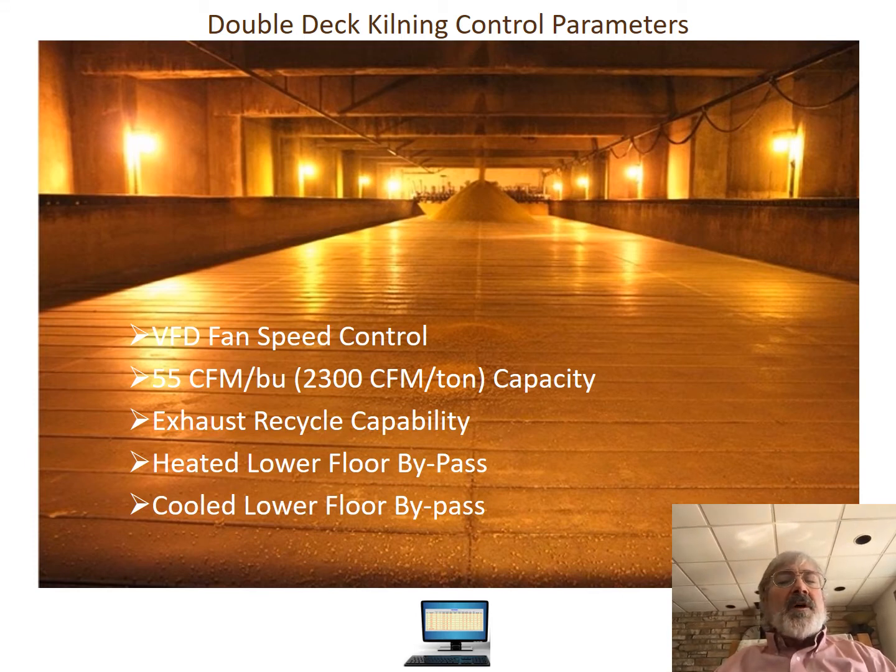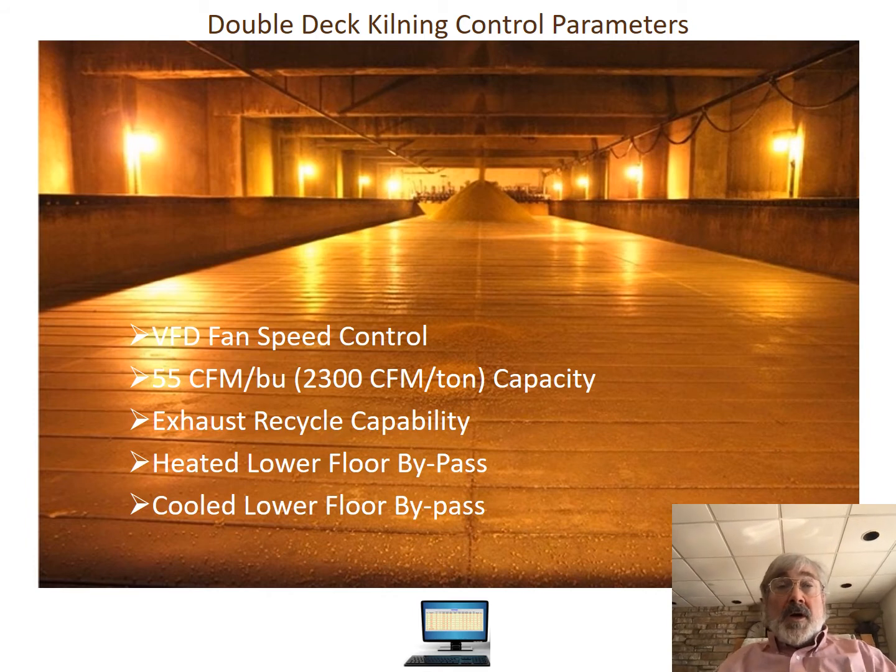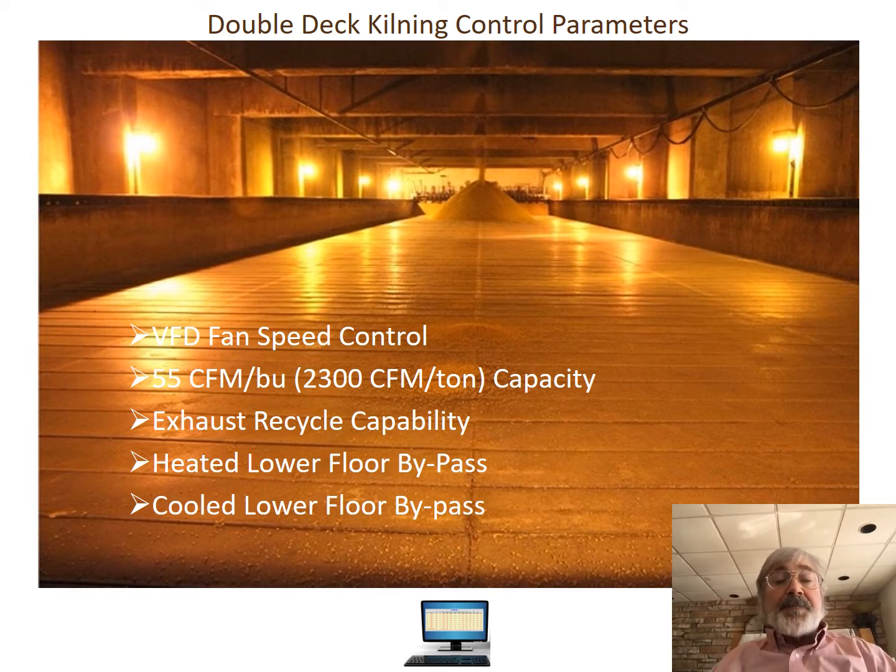Then there's something called bypasses in a double deck and a triple deck kiln, where some of the air doesn't go through the lower deck, but gets bypassed around the lower deck and fed into the exhaust off the lower deck to feed the upper deck.